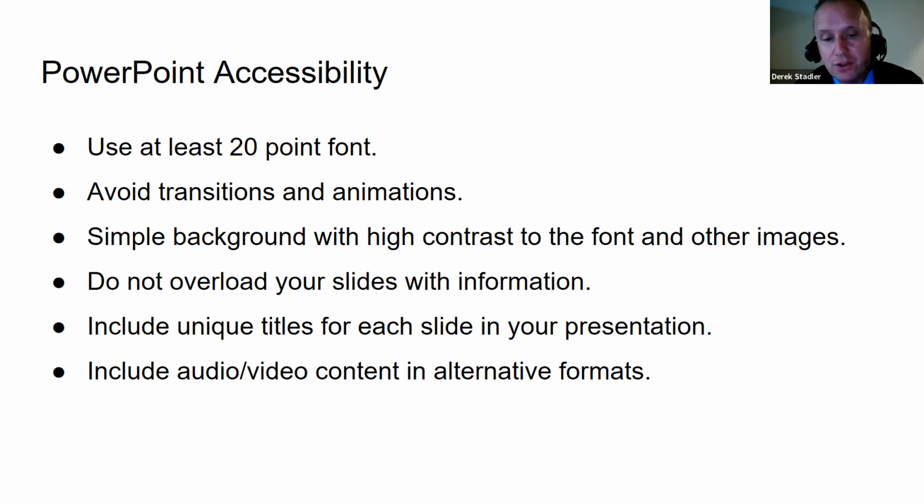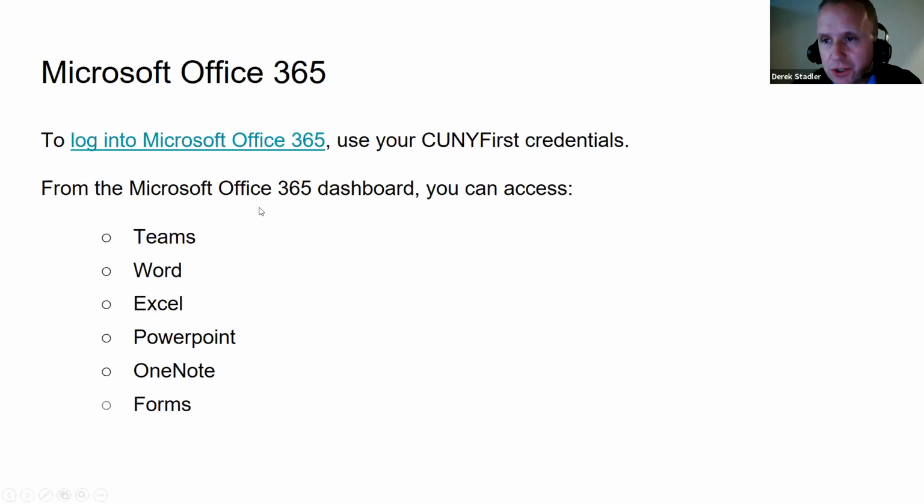If you have 2 slides with the same name, you may want to rename the title, and then add a 1 and a 2, or maybe A and B to that title in each of the slides. And lastly, include audio video content in alternative formats, such as closed captions for videos and transcripts for audio and video content. Now I'm going to show you a document using Office 365.